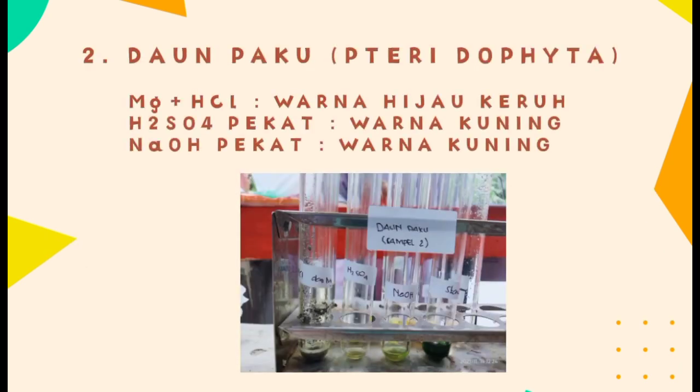The second plant is fern leaves. For the first extract, the fern leaves turn cloudy green. In the second extract, the fern leaves turn yellow. And in the third extract, the fern leaves change color to light green.